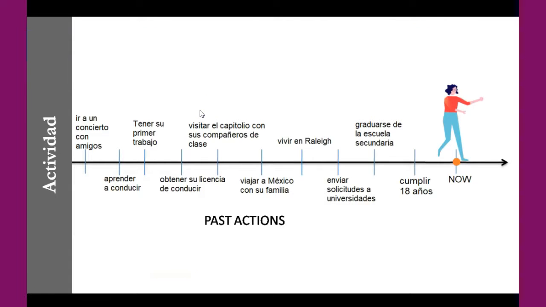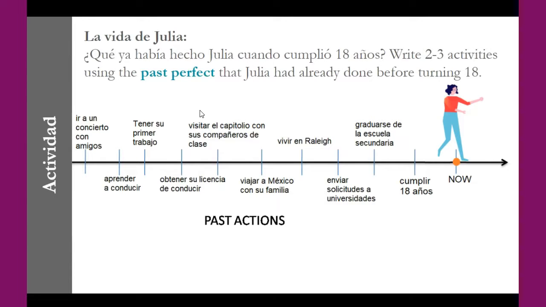So right now we're going to do an exercise. La vida de Julia. ¿Qué había hecho Julia cuando cumplió 18 años? Write 2-3 activities using the past perfect that Julia had already done before turning 18. So here is Julia. Now she turned 18 and she had already done these actions.